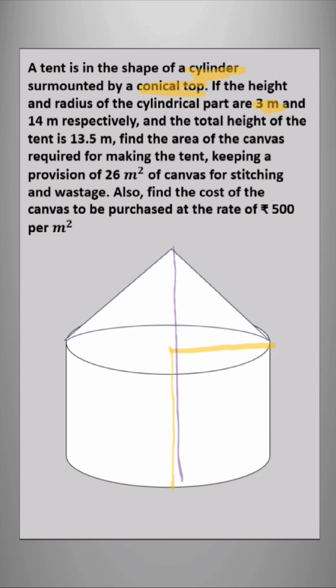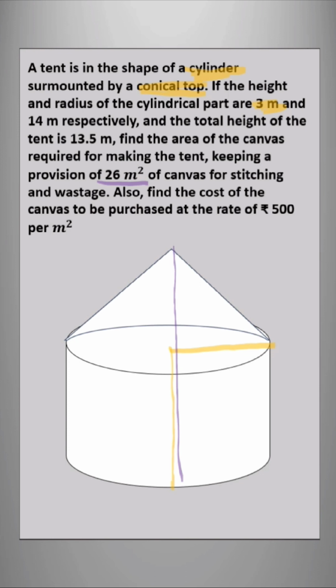That means now we have to find the total surface area of the structure, and we have to add the wastage, 26 meter square for stitching and wastage.